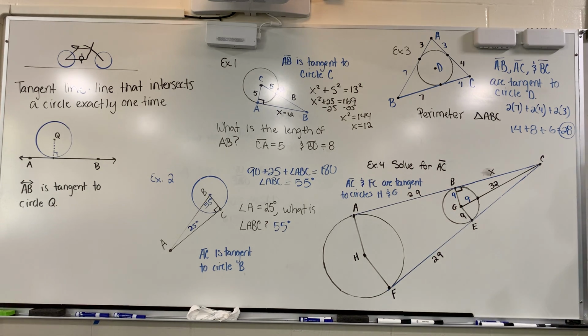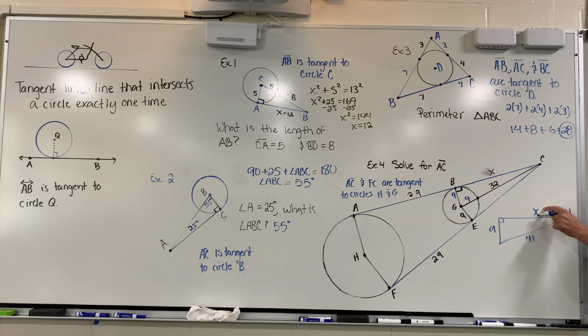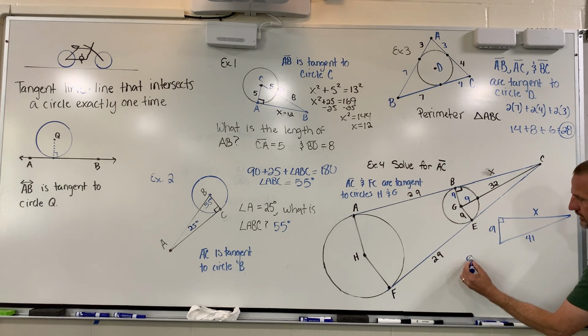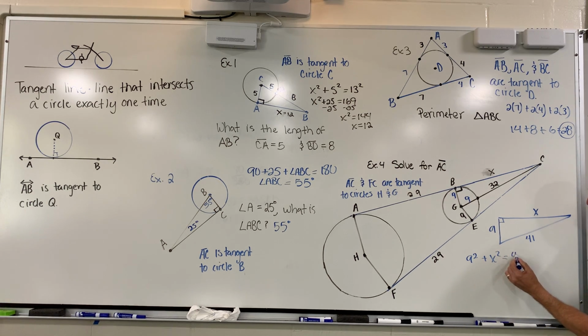Well, if you take all that information and remove it for a moment, maybe draw a small drawing off to the side, let's fill in everything we know. B to G is 9. This is X. 9 plus 32 gives me this distance right here is 41. I need to figure that out. So I'm going to write 9 squared plus X squared is 41 squared.